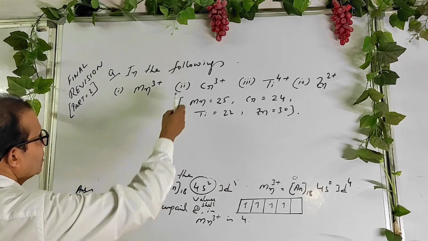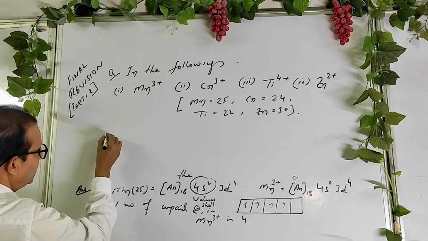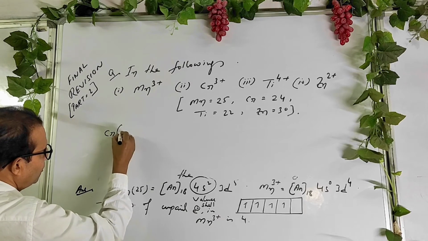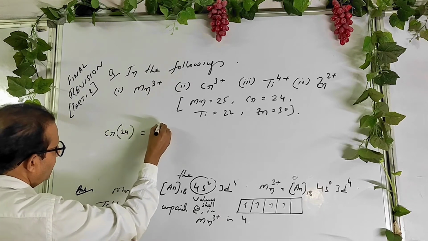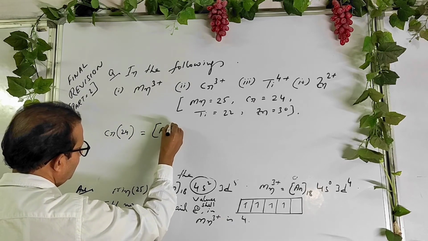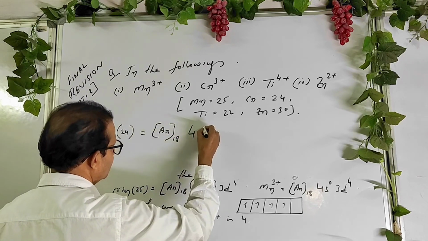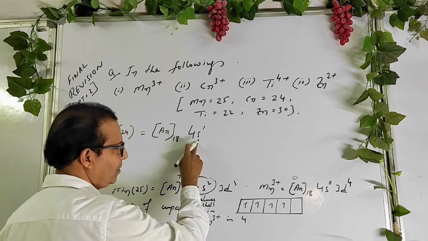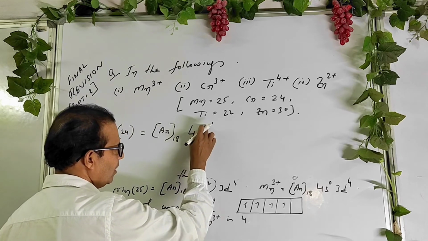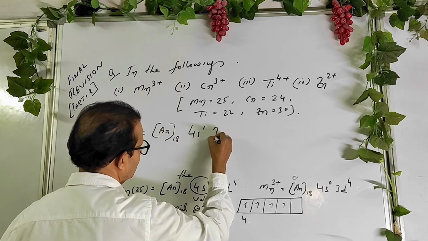So chromium 3 positive: chromium has atomic number 24, so argon 18, 4s1 3d5. This is exceptional, like copper, chromium has 1 electron in 4s.